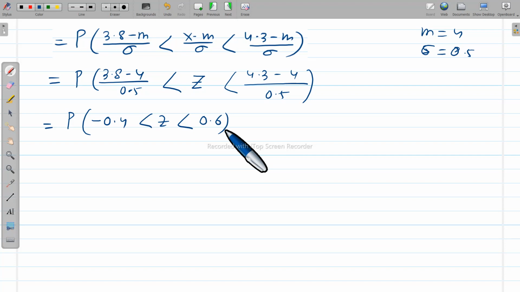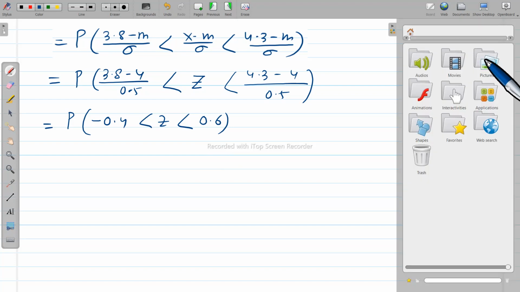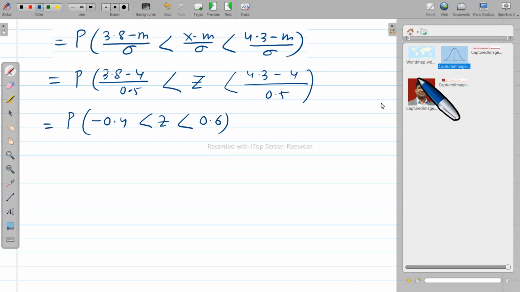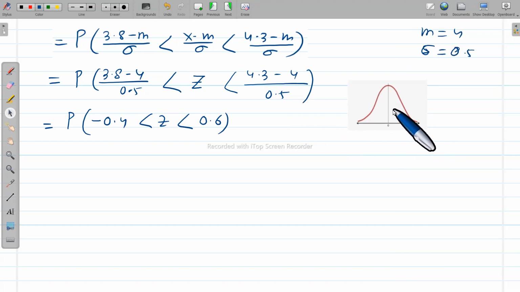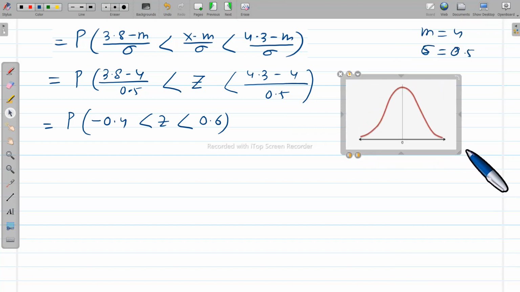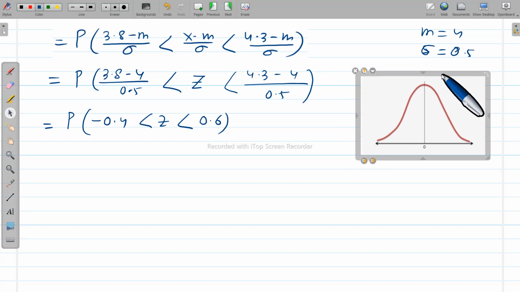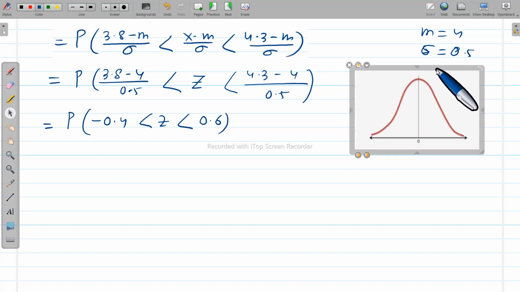Okay, now already you know it is a normal distribution problem. Without a curve, it is not possible. Now we are extracting one curve. Most important, every time you have a normal distribution problem, you should have some graphical representation. Now try to understand that.